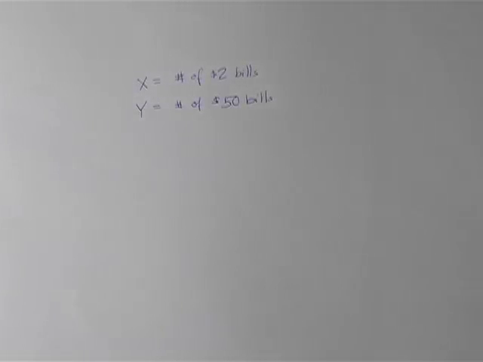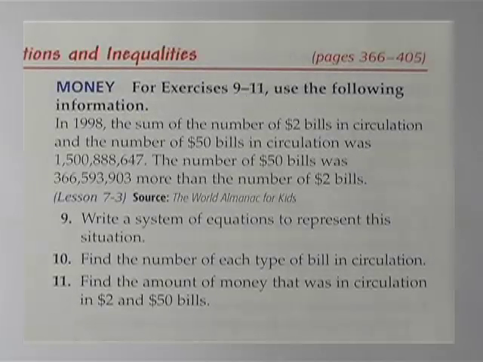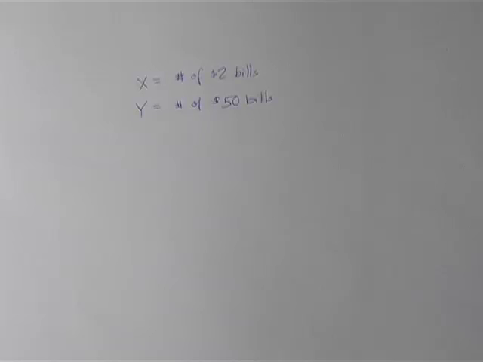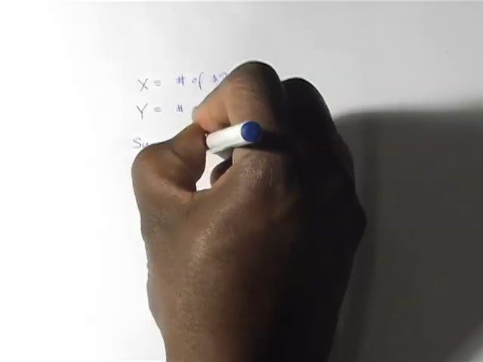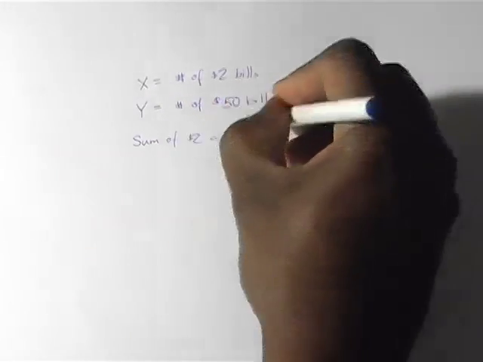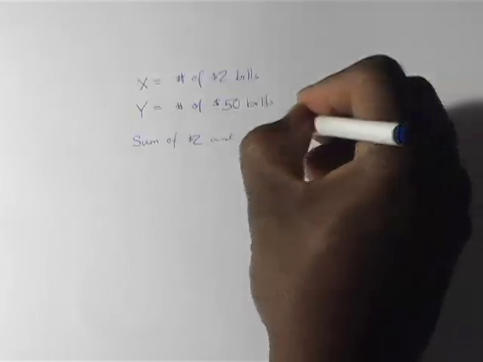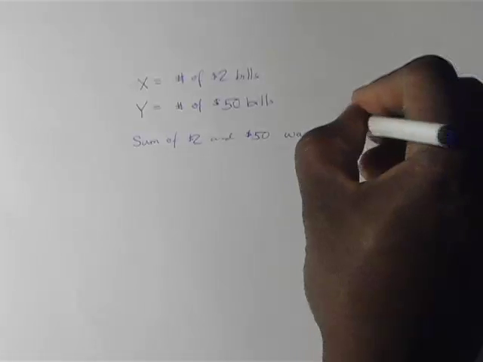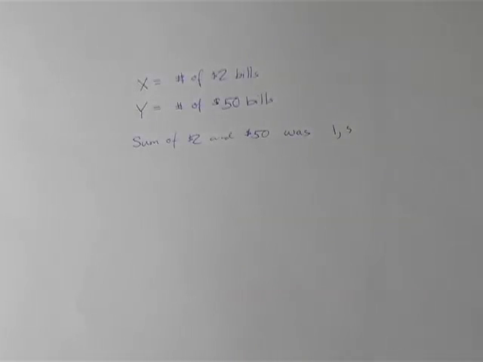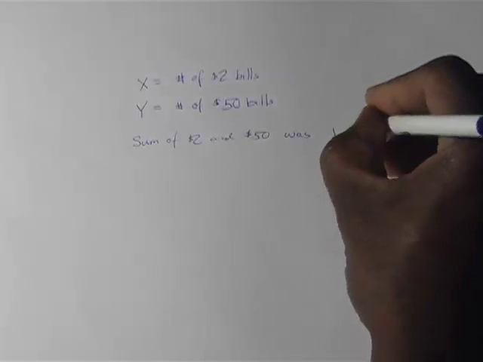It tells us that in 1998, the sum of the number of $2 bills in circulation and the number of $50 bills in circulation was the 1,500,888,647.